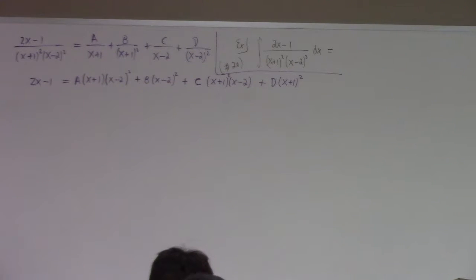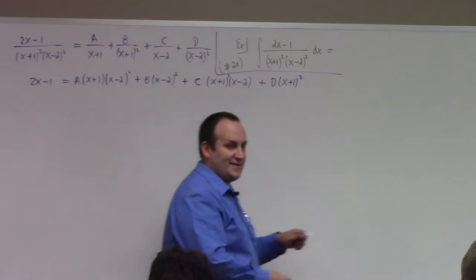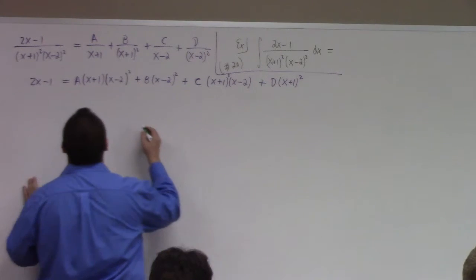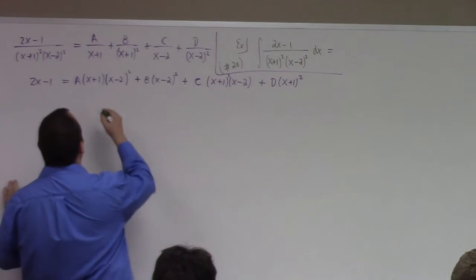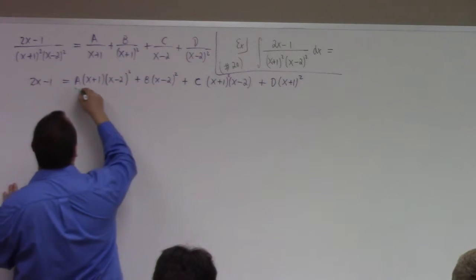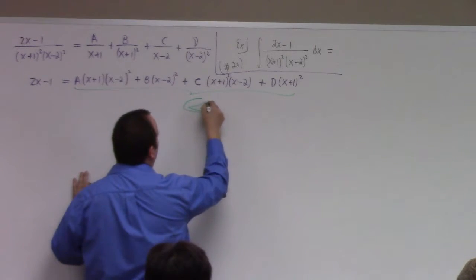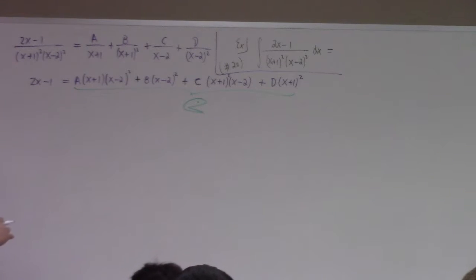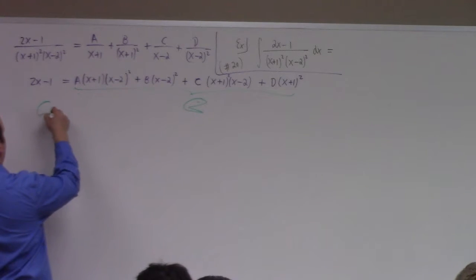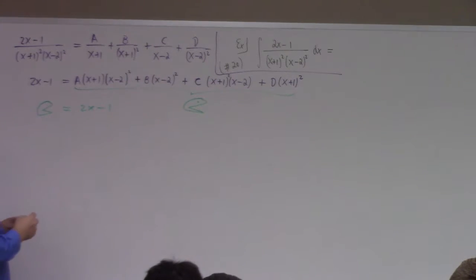I remember there's a stupid nomenclature that I like, and I think it's fun. So what I do, if I recall correctly, is I'm going to call this whole thing Pac-Man. All right. So basically we have Pac-Man equals 2x minus 1, right?